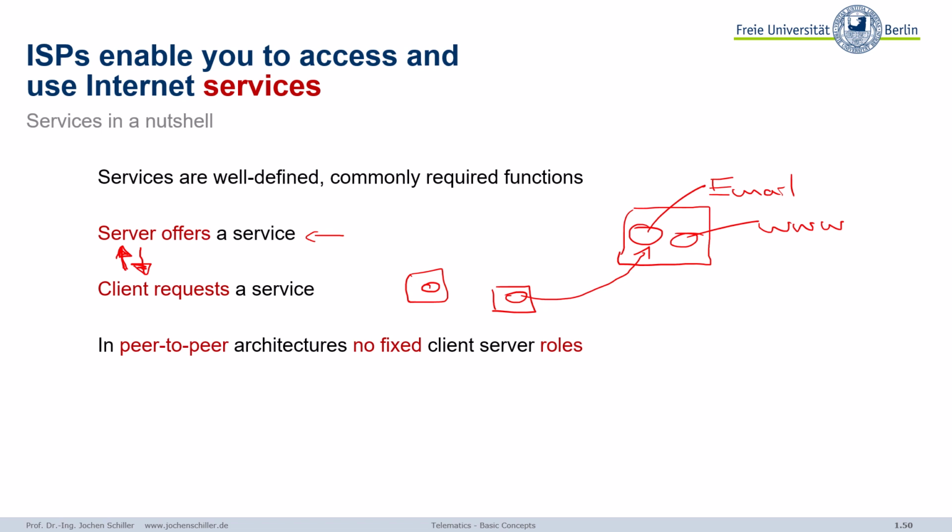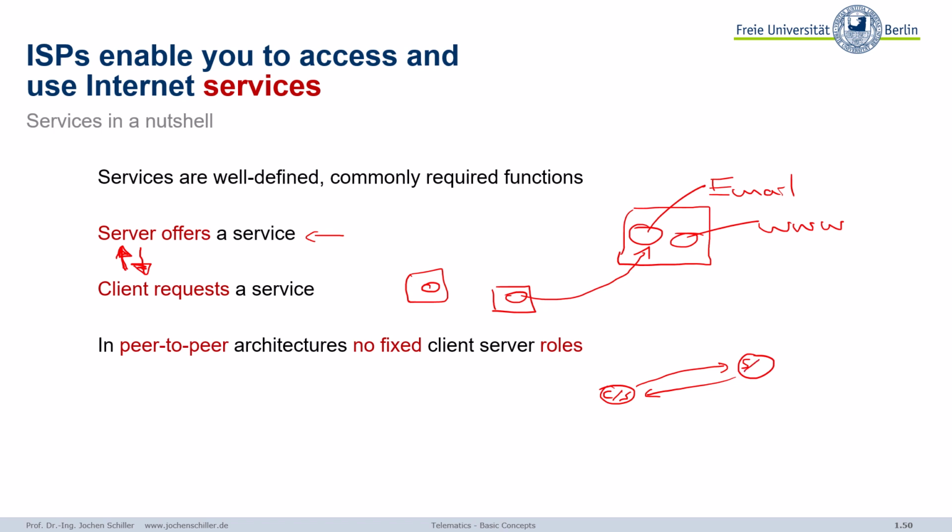We will see how we define the services, what functions we need, etc. Additionally, we have so-called peer-to-peer architectures. What is peer-to-peer? Well, basically, we have clients that can also act as servers. So the client may ask something from another system, and this system then acts as a server and answers.